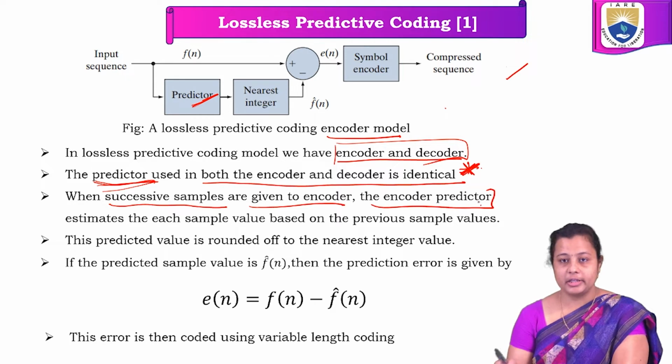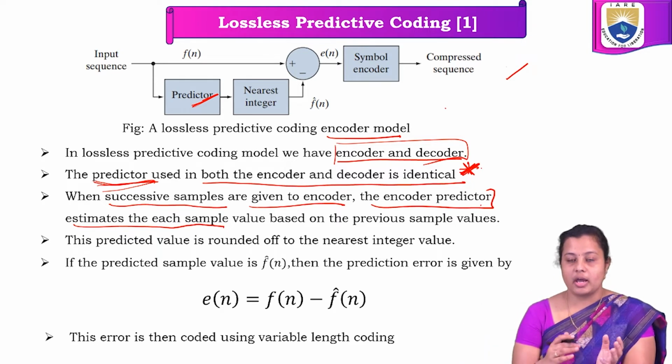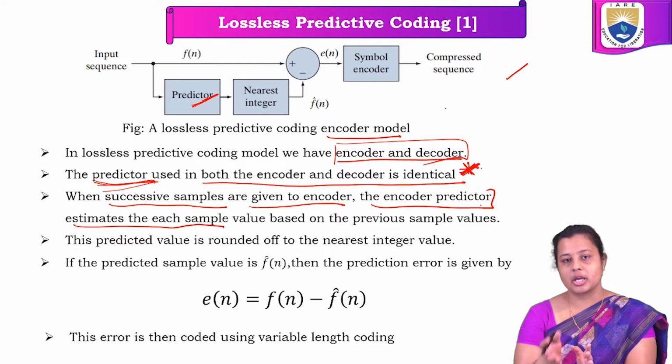The encoder predicts or estimates each sample value based on the previous values. So if I take a pixel intensity value, I compare this present pixel value with my previous pixel values and check what the new information is.